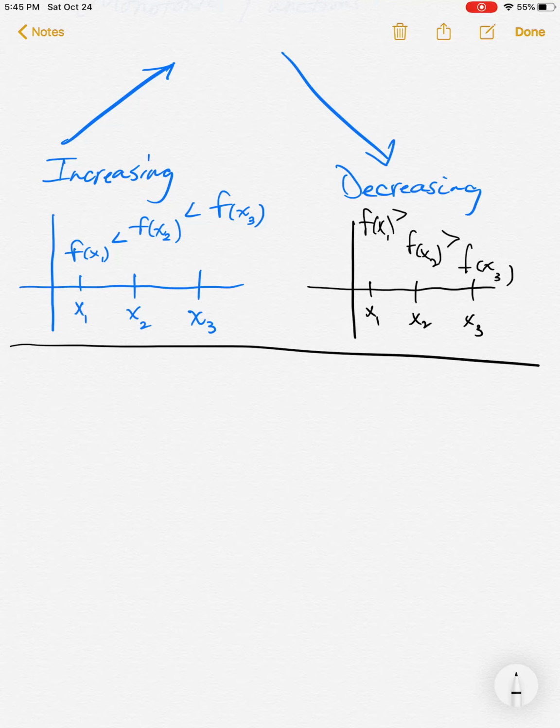All right, so here's some stuff that you need to know. You have f prime of x.